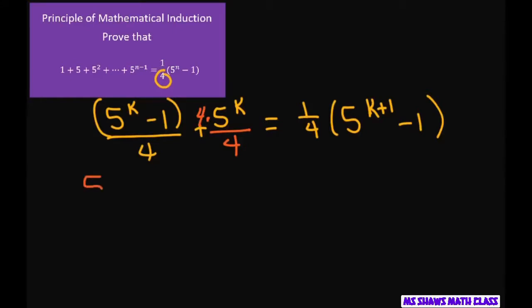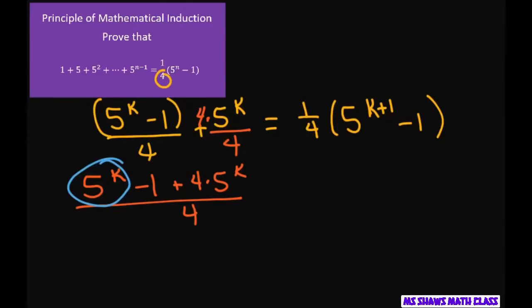So simplifying this, we get 5 to the little k minus 1 plus 4 times 5 to the little k, all divided by 4. Well, when you add these two, there's one of those 5 to the k's plus 4 of those. So you have a total of 5 of those. So 5 times 5 to the k minus 1 divided by 4.